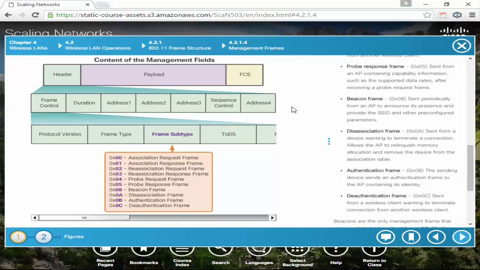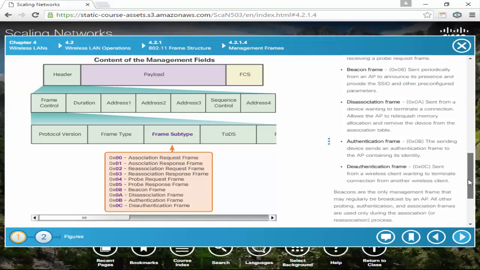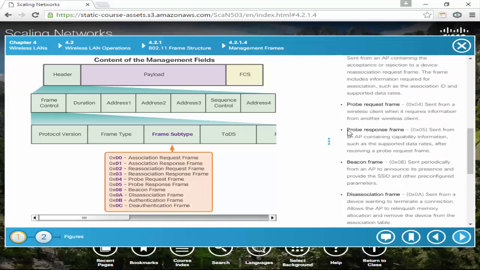Sent from a device wanting to terminate a connection. Authentication frame. The sending device sends an authentication frame to the AP containing its identity. Deauthentication frame. Sent from a wireless client wanting to terminate the connection from another wireless client. Alright, so those are fun. The two you want to look at are probe.